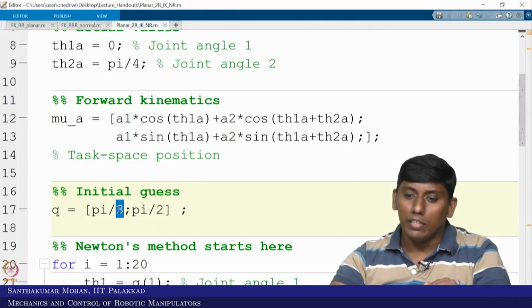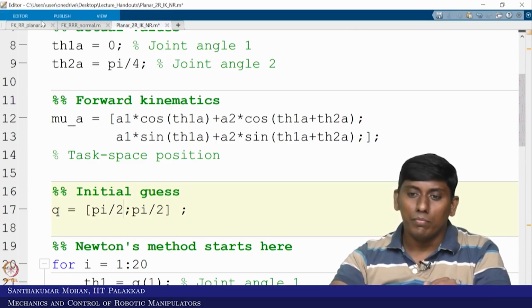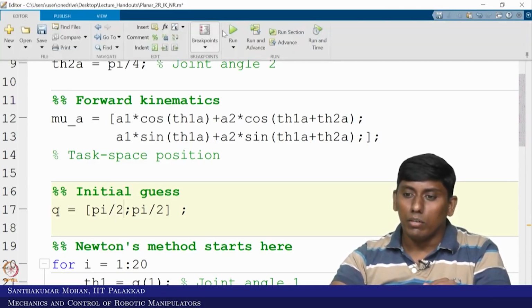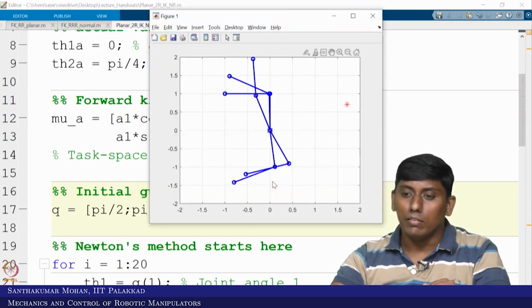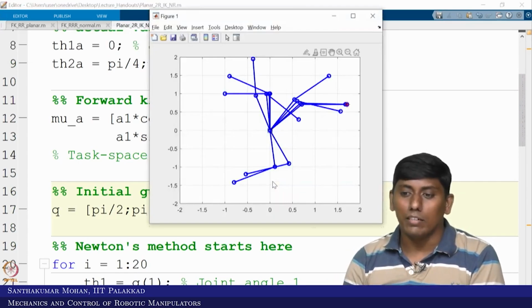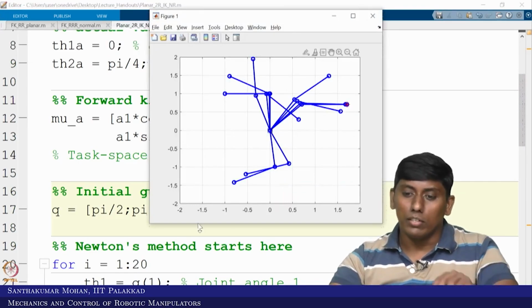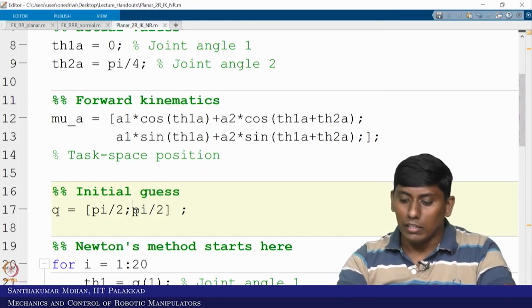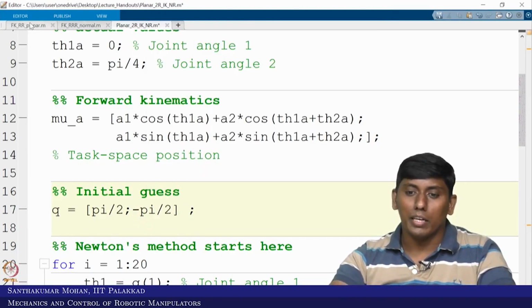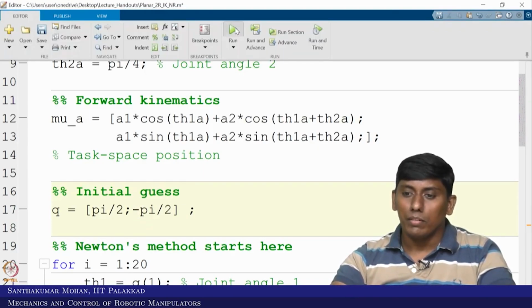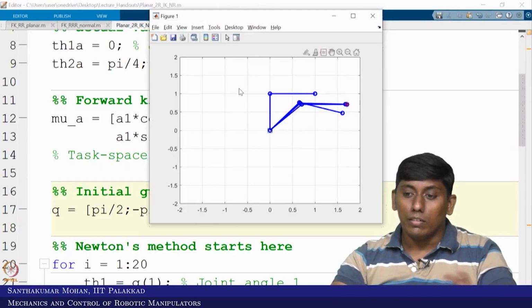Now I will try this, which is also pi by 2. You can see it is getting the solutions. Now I will see if I can end up at any inflection point. It is much faster, because you have given the initial guess here and you have to move here.